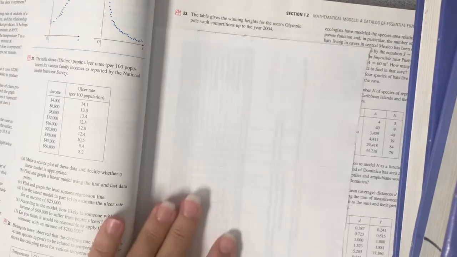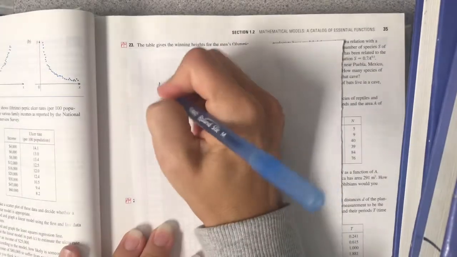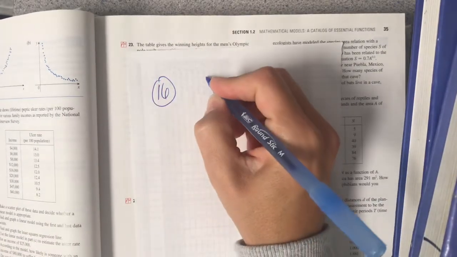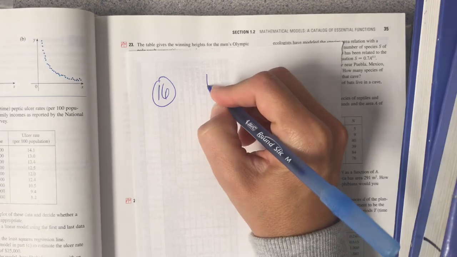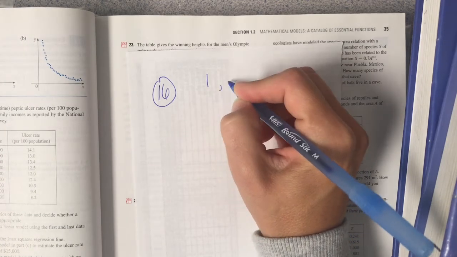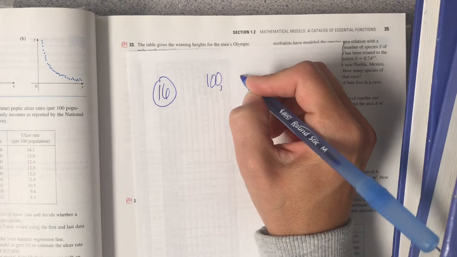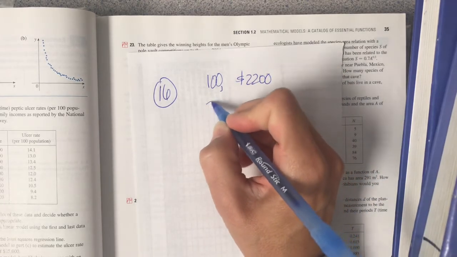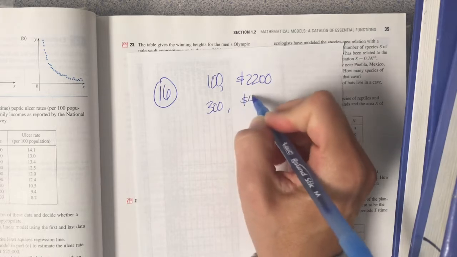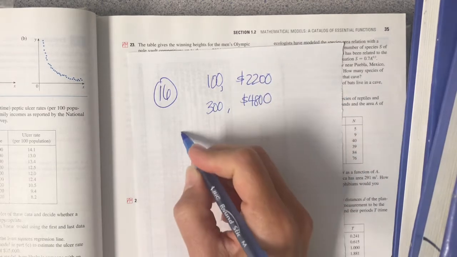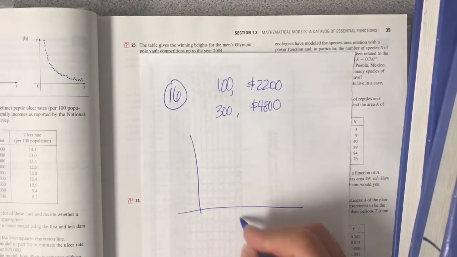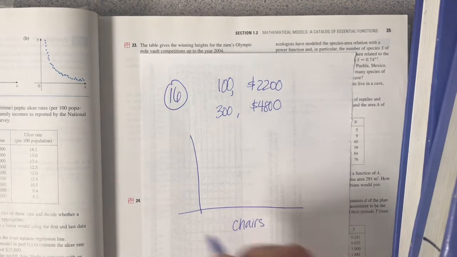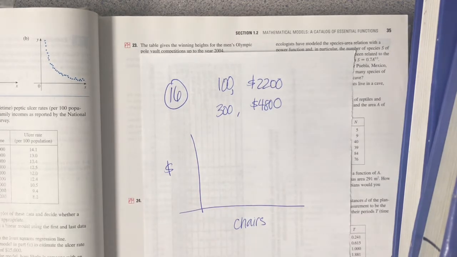So this is going to be number 16. What we know is 100 chairs was $2,200, and 300 chairs was $4,800. I think it makes sense that chairs is your independent variable and the cost is your y variable.